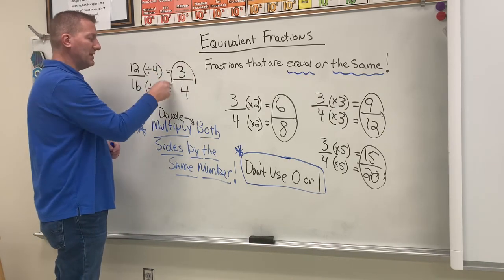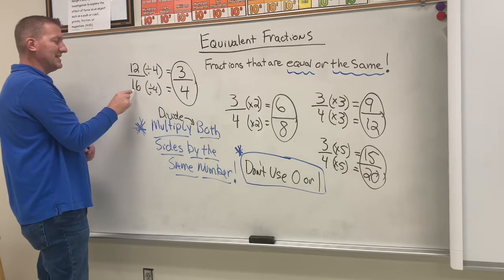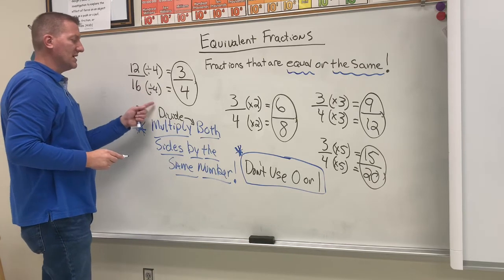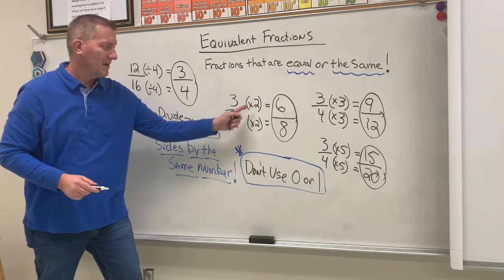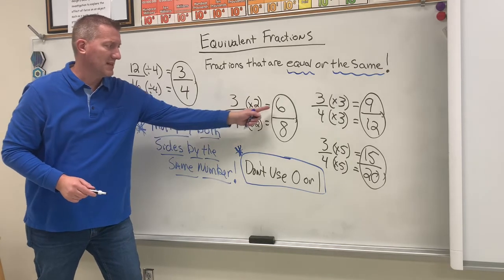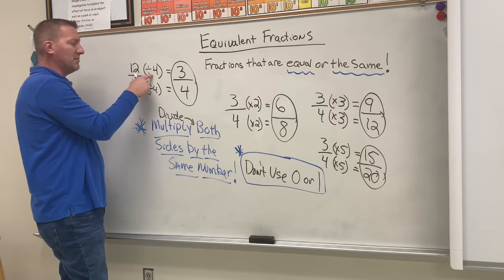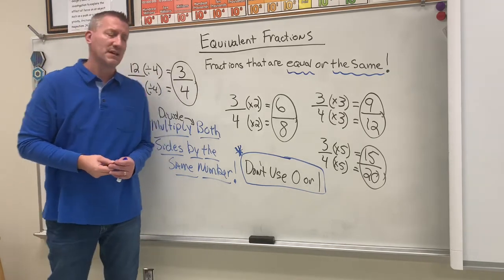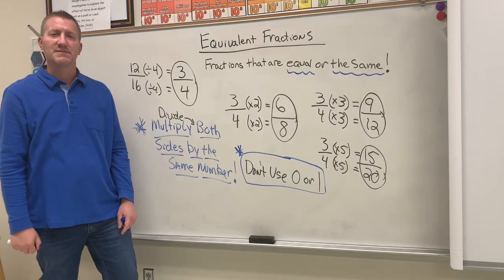So that would be the equivalent fraction of 12/16 if you divide both sides by 4. So you can not only multiply both sides by the same thing to get an equivalent fraction, you can also divide both sides by the same thing to get an equivalent fraction. So there's 2 different ways to get equivalent fractions.